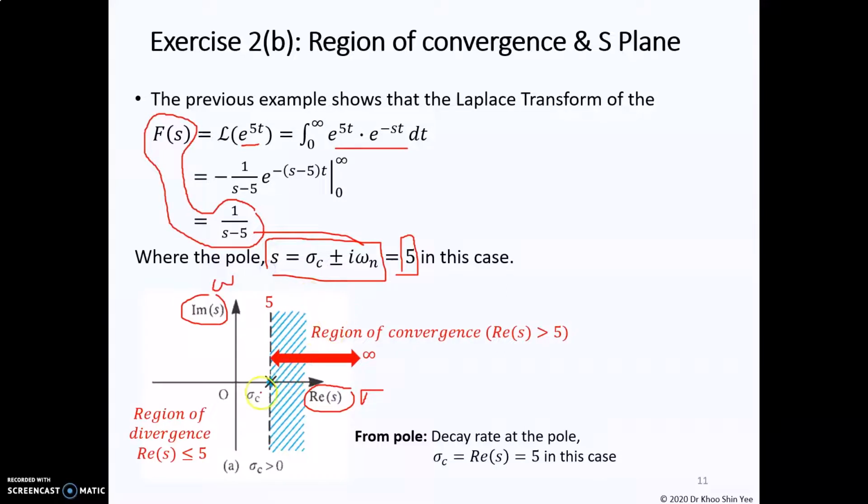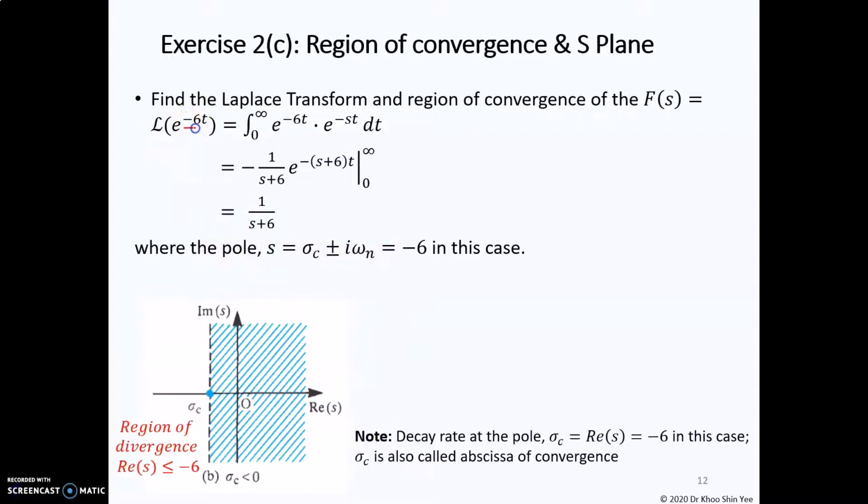So since your sigma is equal to 5, you can draw this, and the pole is indicated by the cross. So you see your region of convergence is greater than 5. So over this side, you can say your F(s) is valid here. And over this side is the region of divergence.